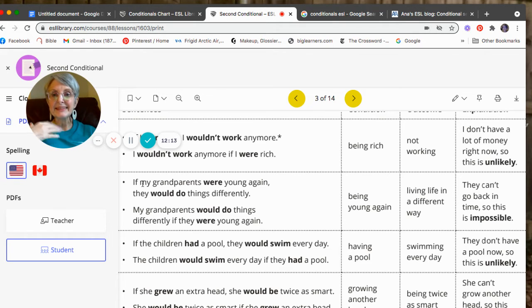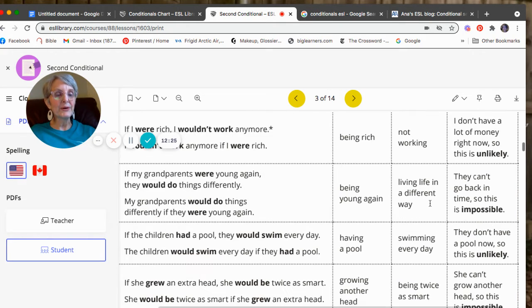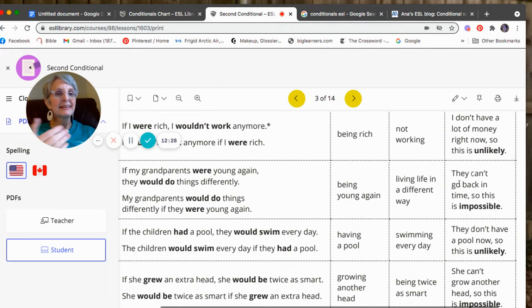All right, so this person's sentence is, if my grandparents were young again, they would do things differently. All right, so their explanation says, it's talking about the grandparents, and it says they can't go back in time.